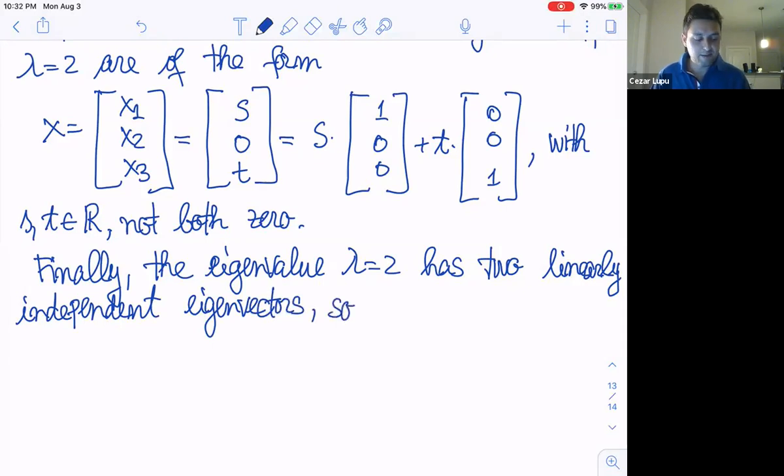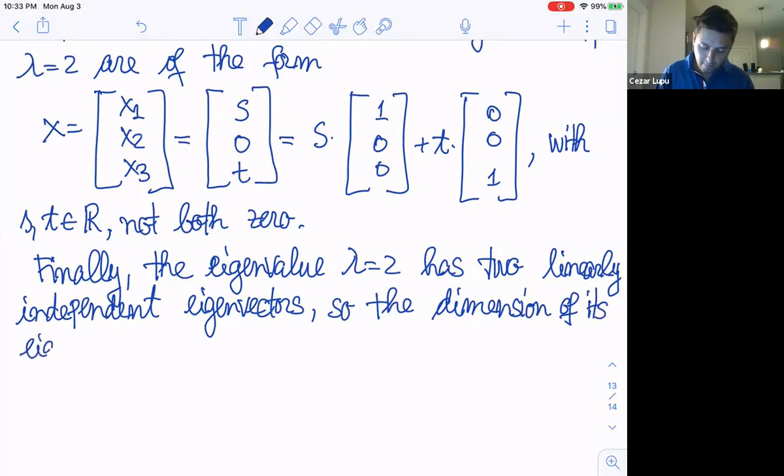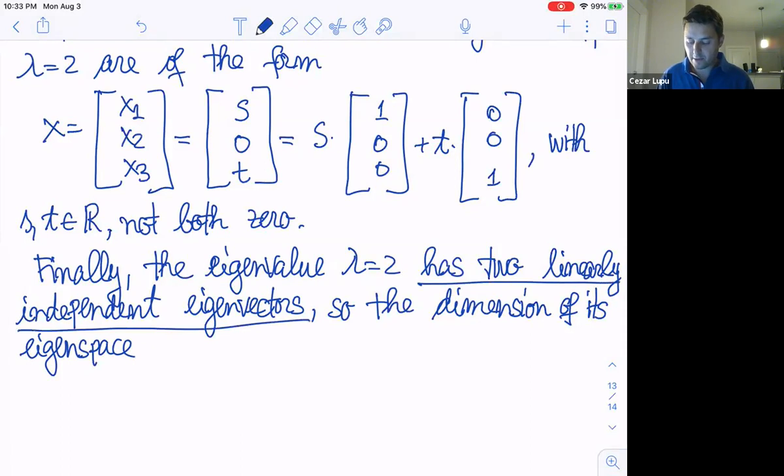So now we can answer also the question: the dimension of its eigenspace. Guess what? Since I have two linearly independent eigenvectors, the dimension of its eigenspace is clearly, as you can guess, 2. And that's it. End of story. Right?